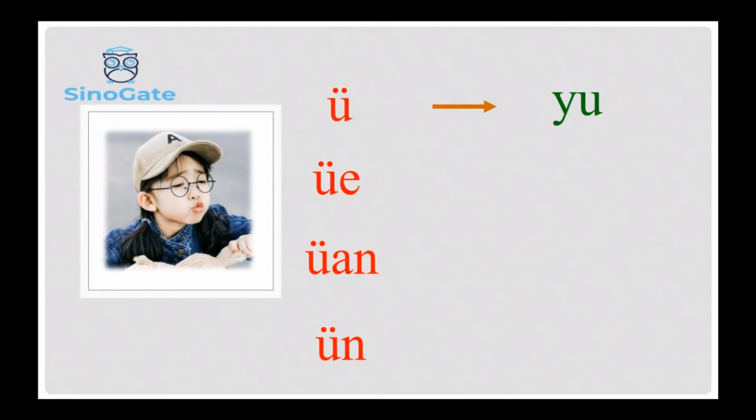When the yu is all by itself, we add one big I in front of it, and we can omit the two dots on top of it, but still remember it's yu. And for the rest of them, it's the same rule. We add the big I in front of it to make it a complete structure.